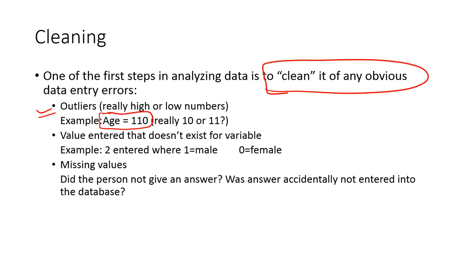It could be erroneous data. It could be that somebody's age is 10 and 11 and it has been clubbed together so that it looks like 110. Somebody who has done a survey might have made an error while taking down the data point, so that could be an issue.